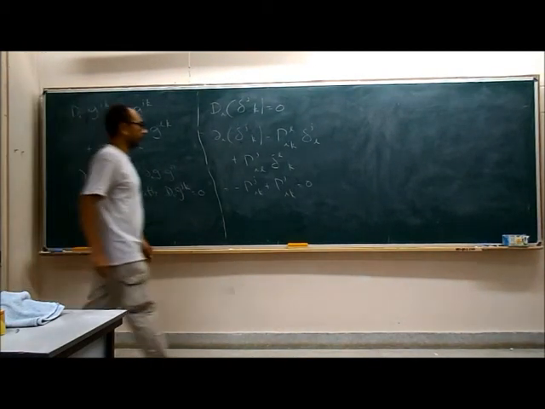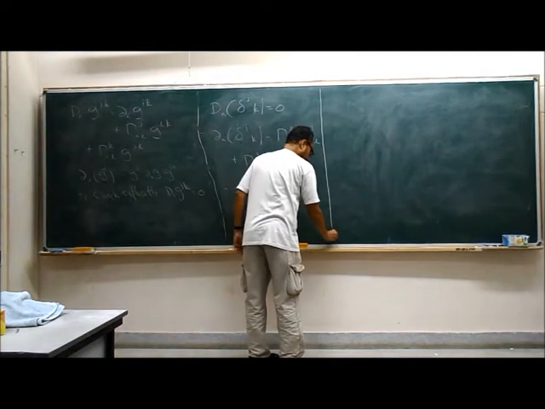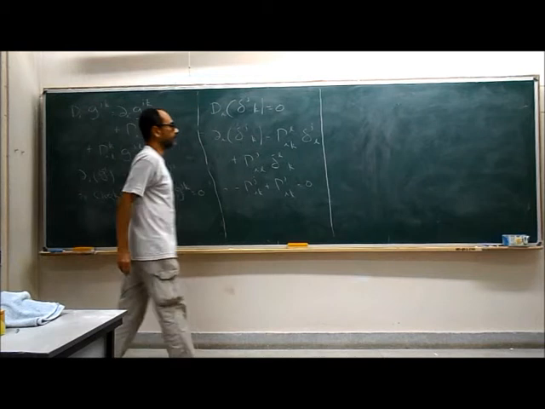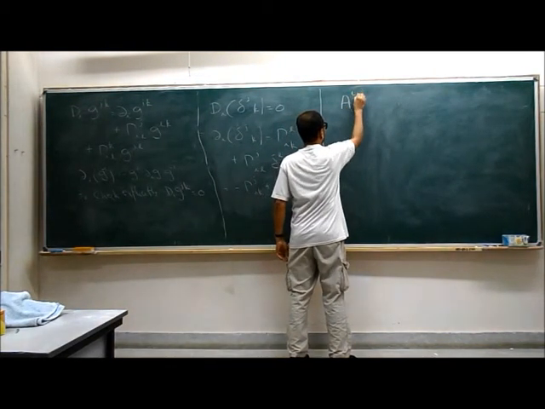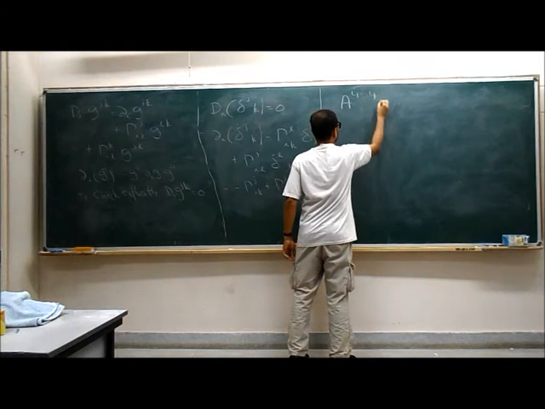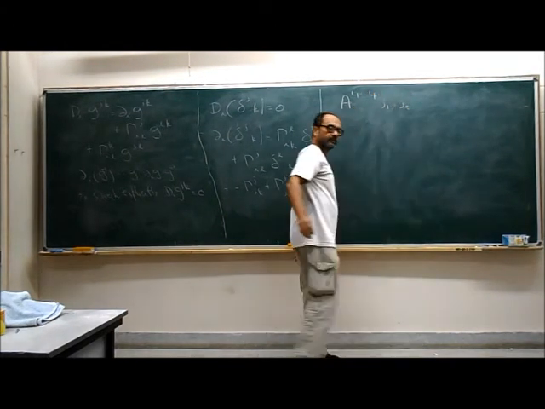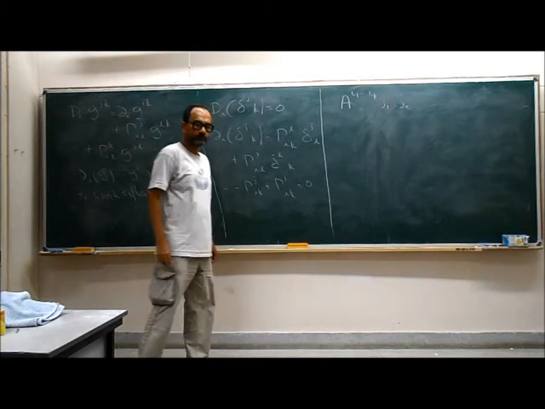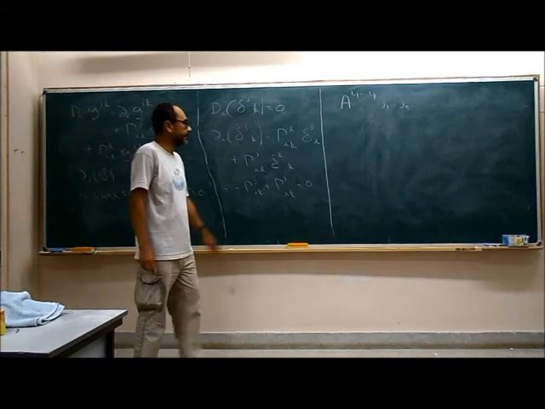Okay, so now let me write down the relation which we want. Suppose you have a tensor A^{i1...ip}_{j1...jq}.